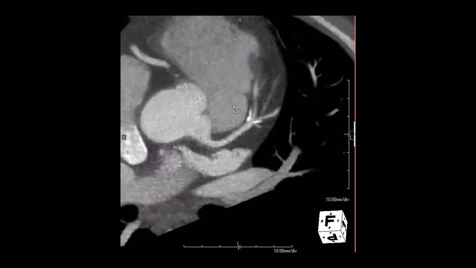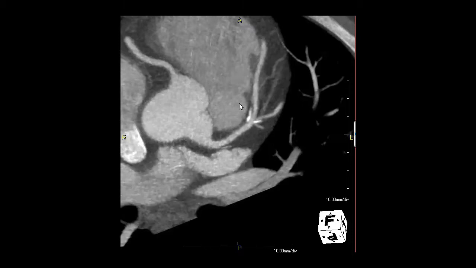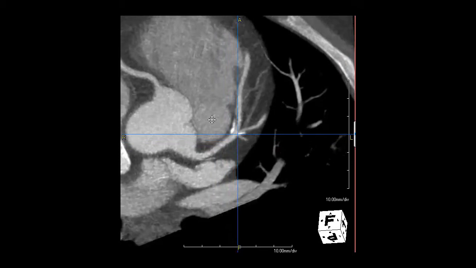Essentially normal. However, as we approach the junction between the proximal and mid-LAD, we can see there is evidence of mixed eccentric plaque, calcified and non-calcified plaque involving the distal portion of the proximal LAD and the origin of the mid-LAD.